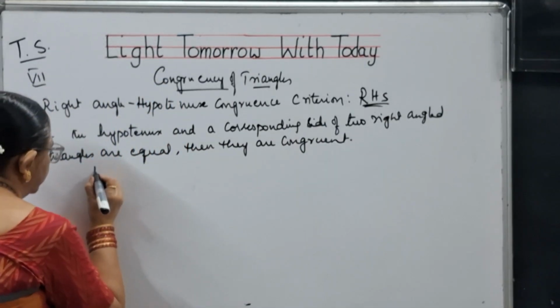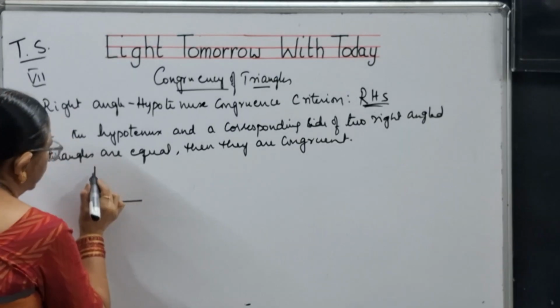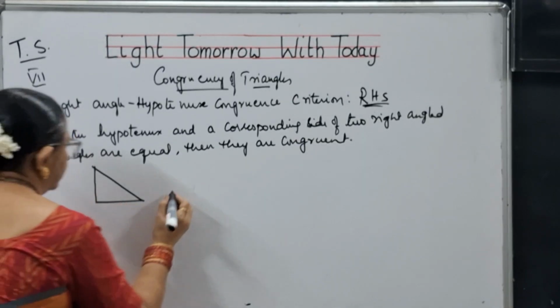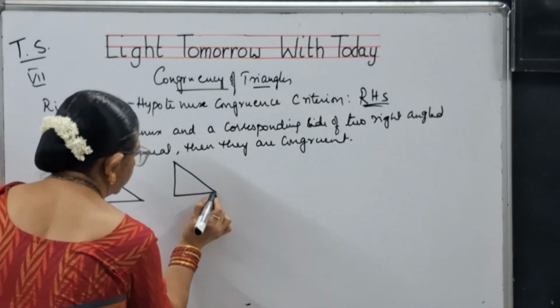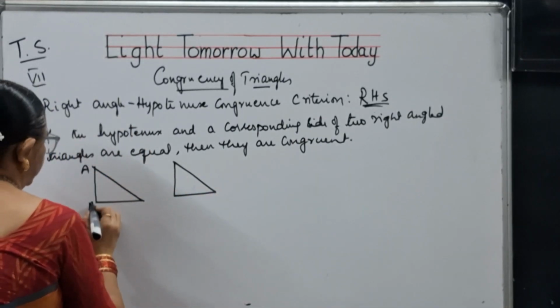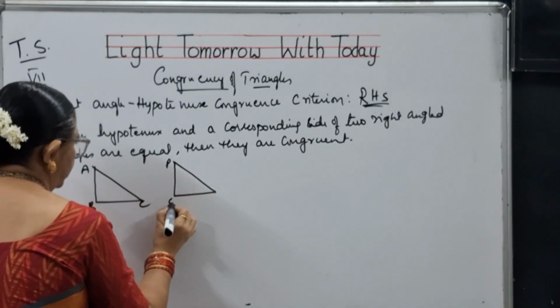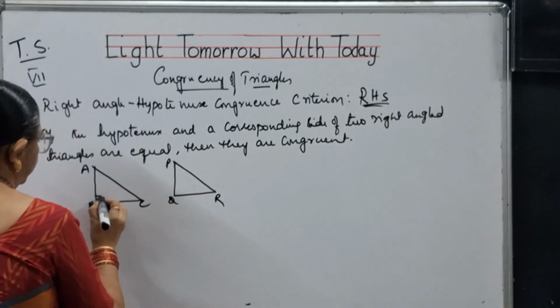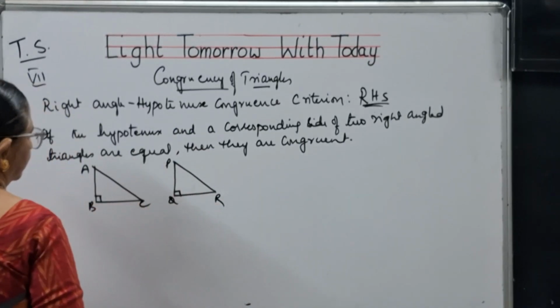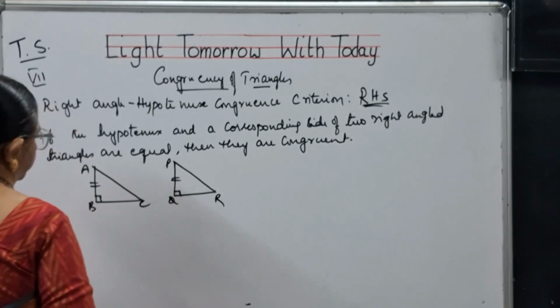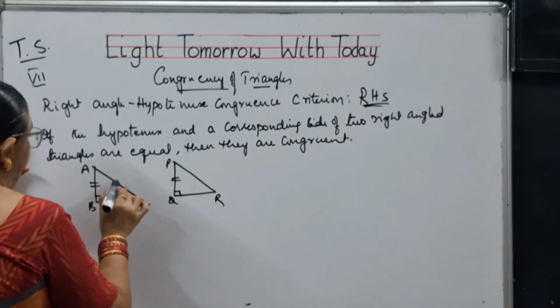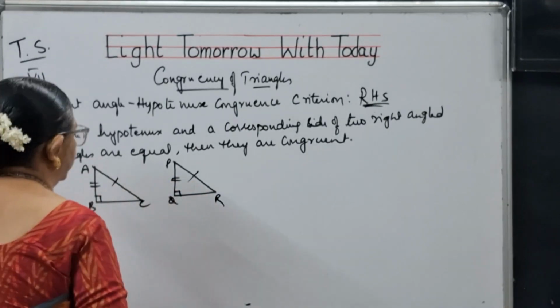So let me take two right angled triangles. These are two right angle triangles ABC and PQR, in which B is a right angle, Q is a right angle, and AB is equal to PQ and AC is equal to PR.